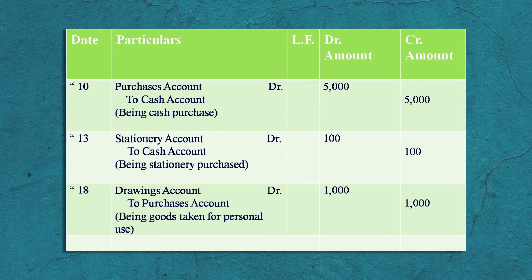Therefore purchases account will be credited and drawing account will be debited, because drawing account represents the account of the proprietor and proprietor is a person.